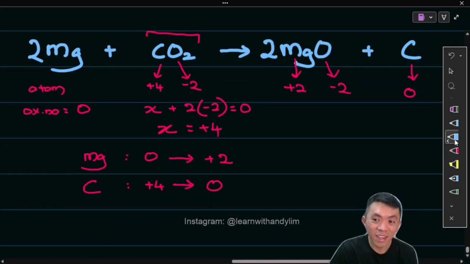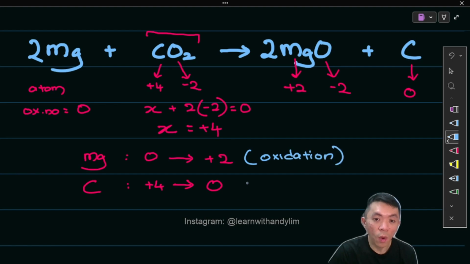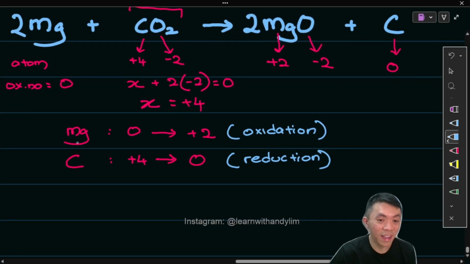When I have an increase in oxidation number, I say it is oxidation. When I have a decrease in oxidation number, I say reduction takes place. Magnesium is experiencing oxidation.